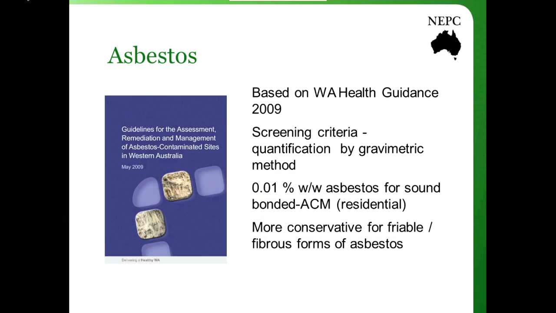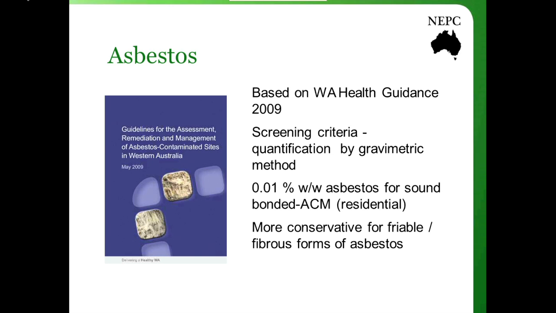And asbestos, they are based on the WA Health guidance, as I've said. Most of the contamination that we come across is bonded ACM, so bonded asbestos containing material. And for the first time, we have criteria in the NEPM for asbestos. There is a much more conservative approach, of course, for where you have friable asbestos or fibrous forms of asbestos.